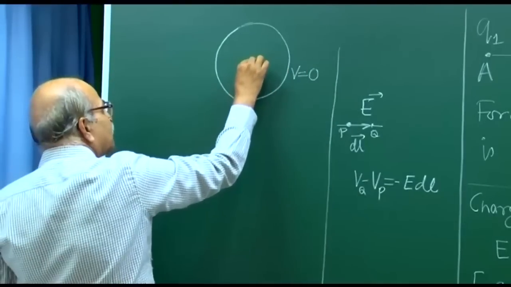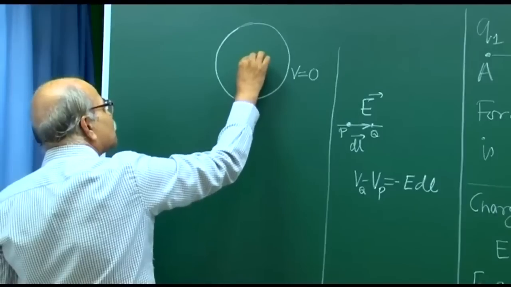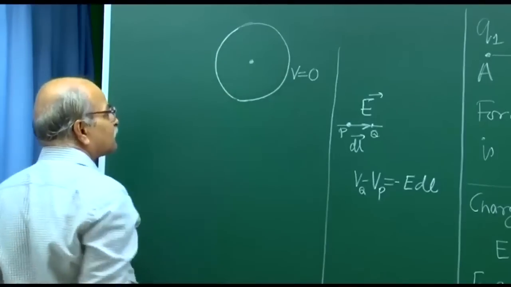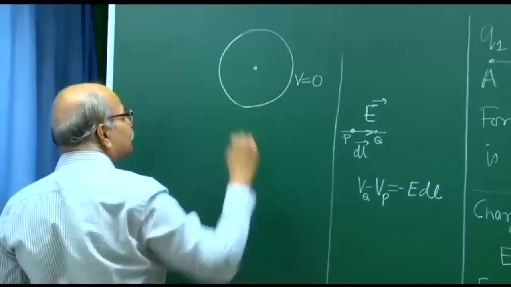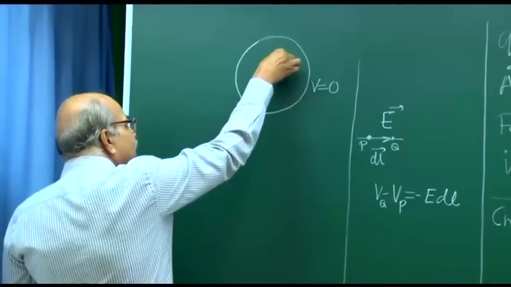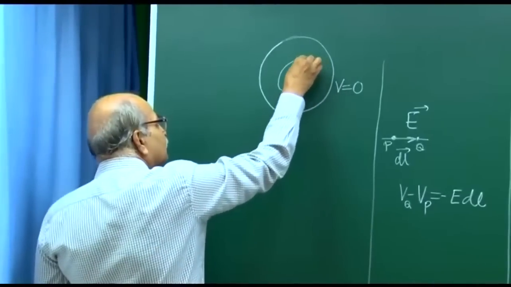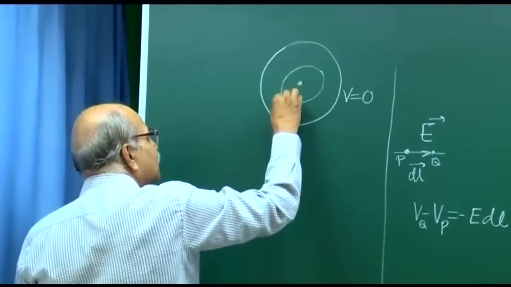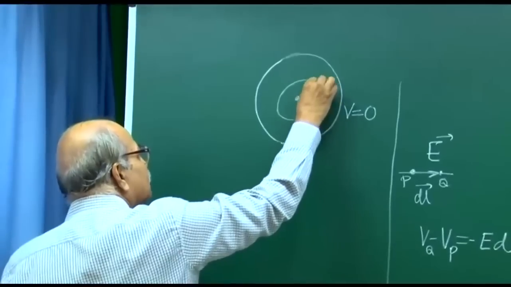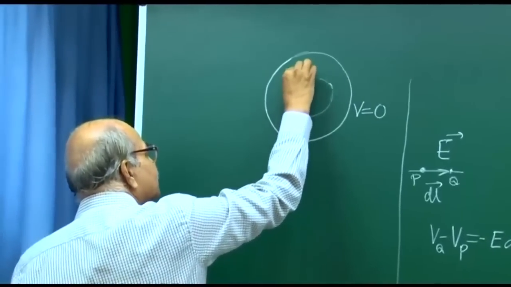Then in the middle I put that positive end of the battery, so there is a higher potential here. And then I have a circle, and what I find is that on every point on this circle, the potential is the same.